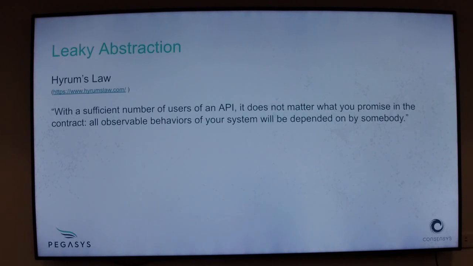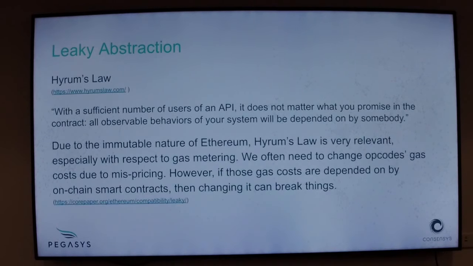And I think all of us who've been in software development for a while would attest to that. And due to the immutable nature of Ethereum, Hyrum's Law is very relevant, especially with respect to gas metering. We often need to change opcodes' gas costs due to mispricing. However, if those gas costs are depended on by on-chain smart contracts, then changing them can break things.